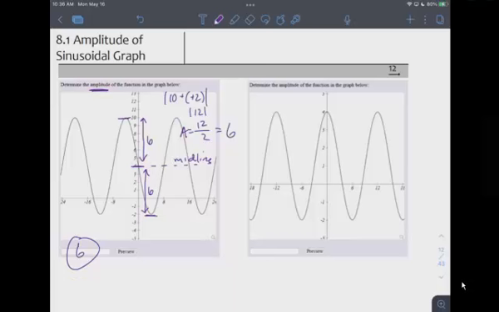The way that you would calculate this is your amplitude is 1/2 the distance between your max and min. So this is your amplitude.